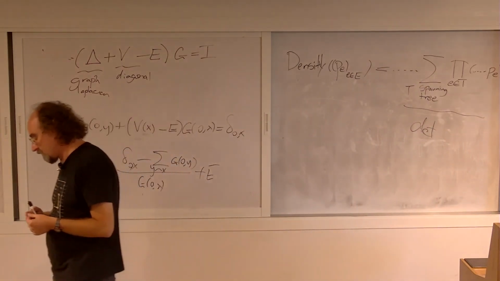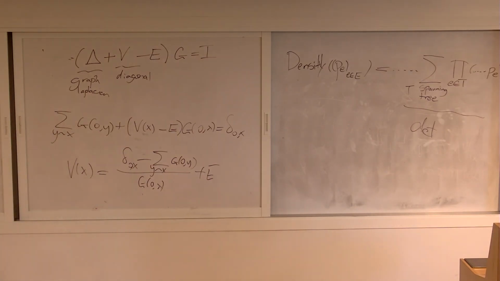It's a simplified model for Anderson, which gives you two advantages. You can use field methods, which are difficult to use directly on Anderson, and you can use probabilistic methods because of this extremely simple to describe interacting random walk.